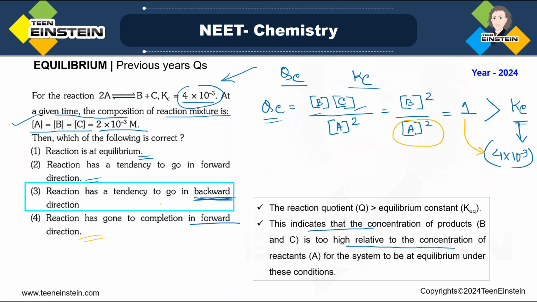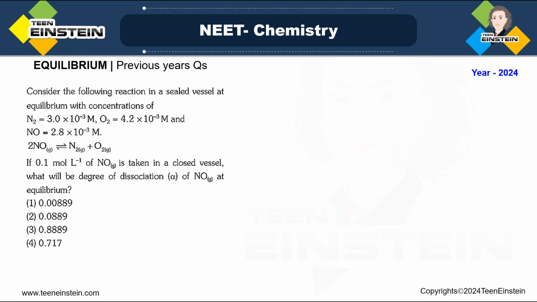It doesn't mean it is at equilibrium; that is given in the first option. Options 2 and 3 are opposite to each other, and the last option says all A is consumed to B and C. But these three are not correct. Only the third one is correct, so that B and C can react together and produce more of A.